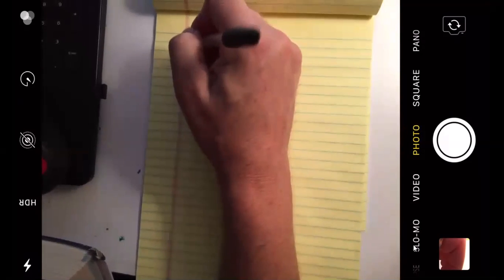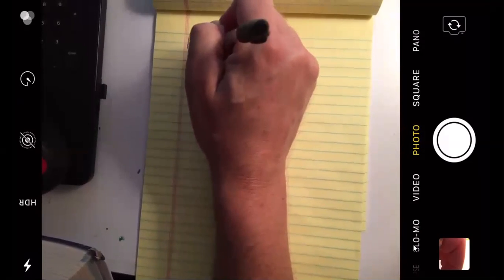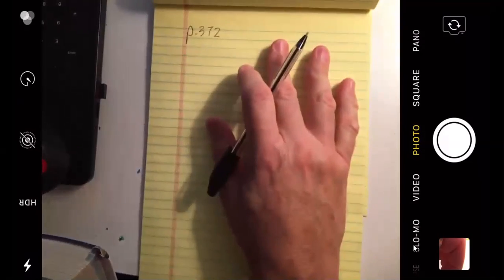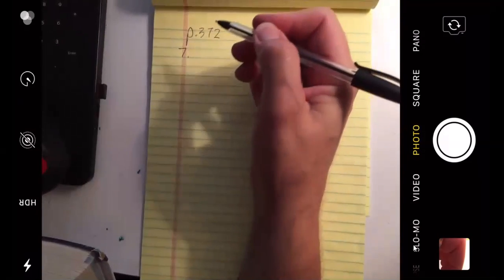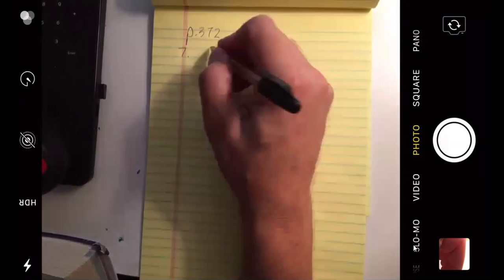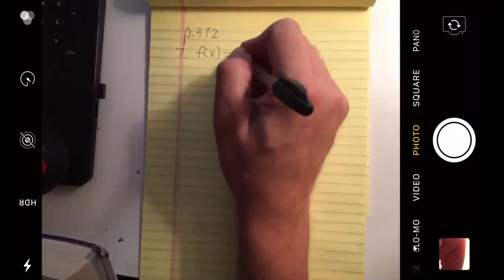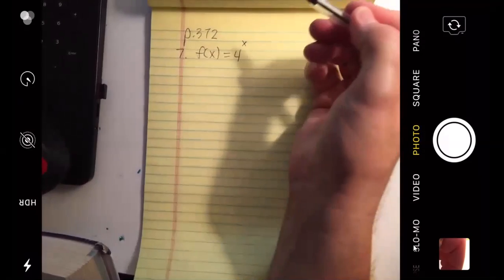Just to get you started, let's go to problem 7. Start off with some calculator exercises. So these are off page 372. Problem 7. They give you f of x equals 4 raised to the x.